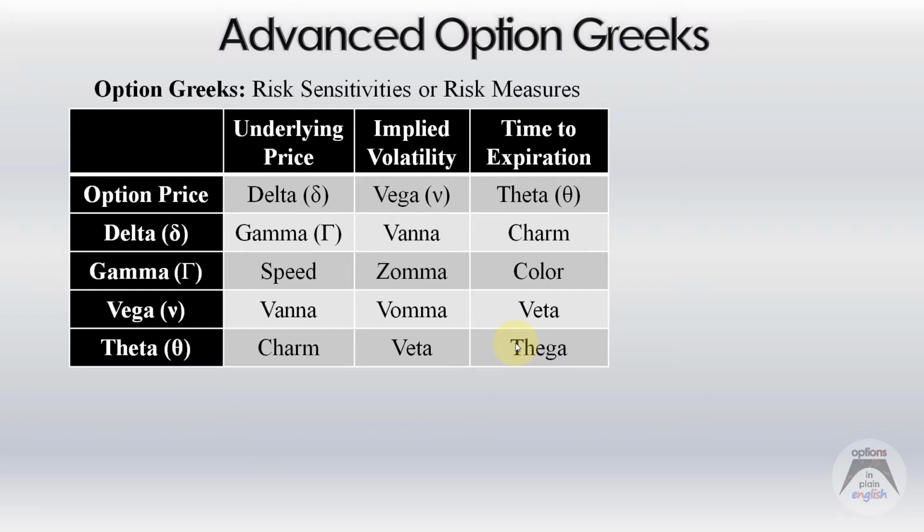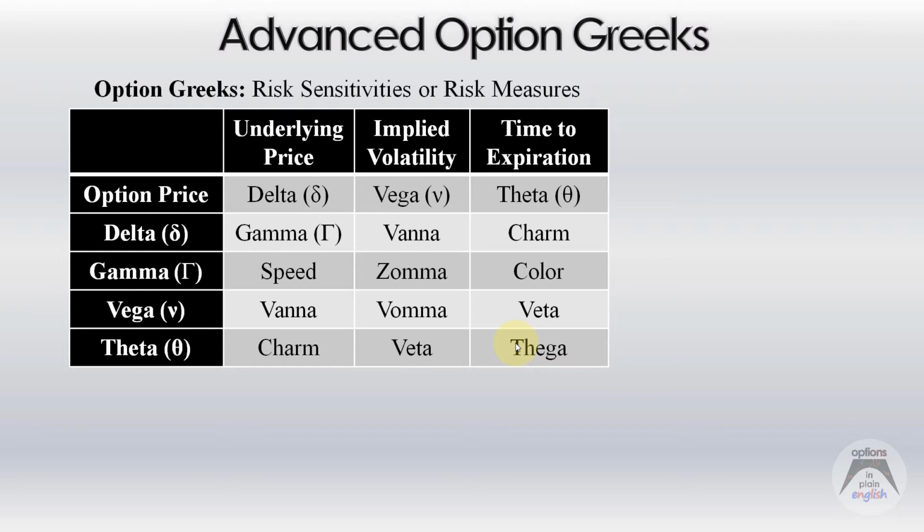Because if you think that you're exposed, for example, to implied volatility, and you have a certain number in mind, but then the implied volatility changing also changes some of the other factors, then things might snowball and turn your position into something that's more exposed to the market than you thought you were.